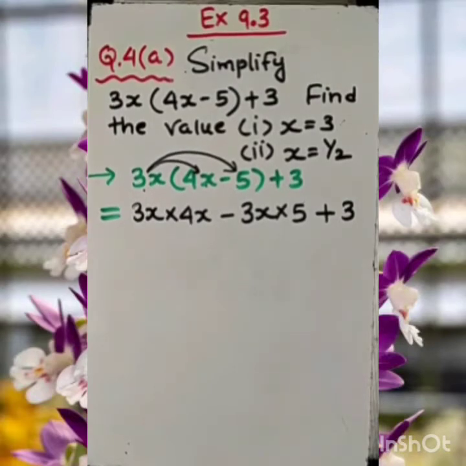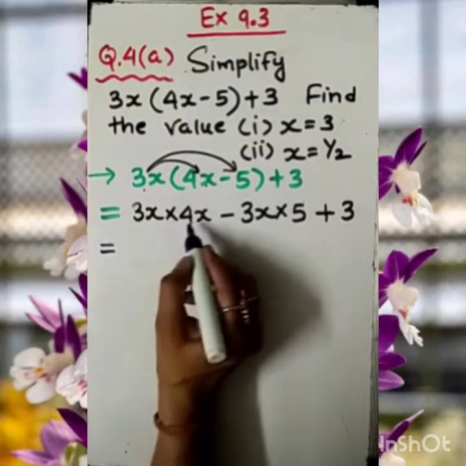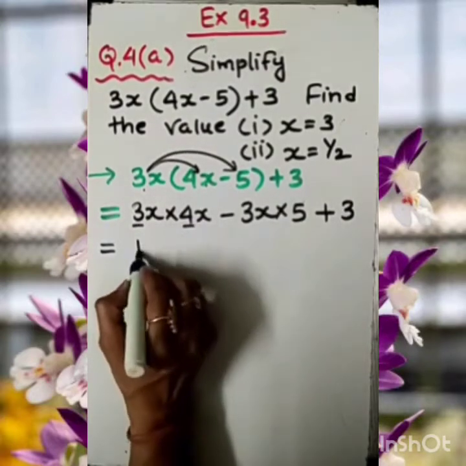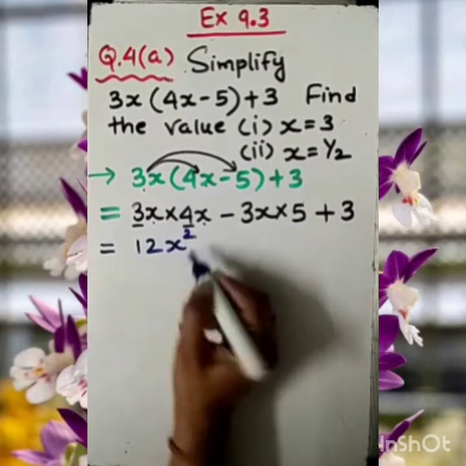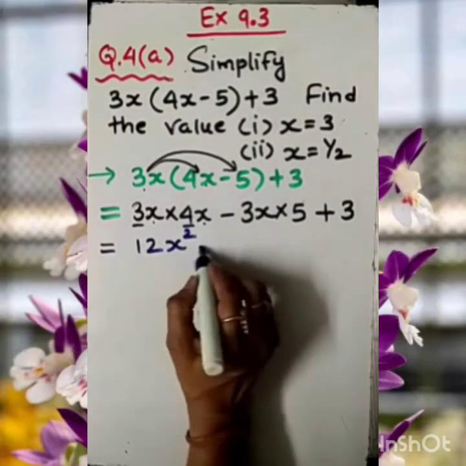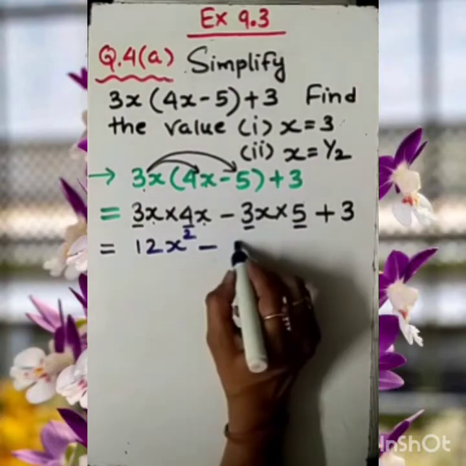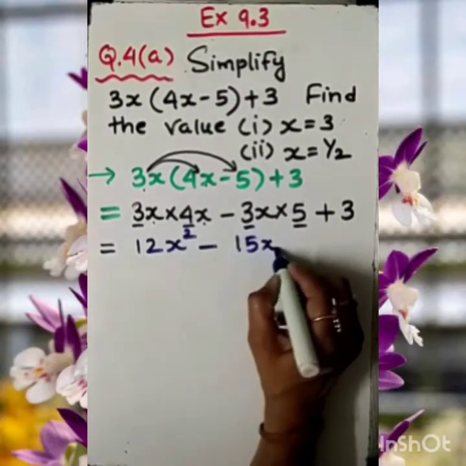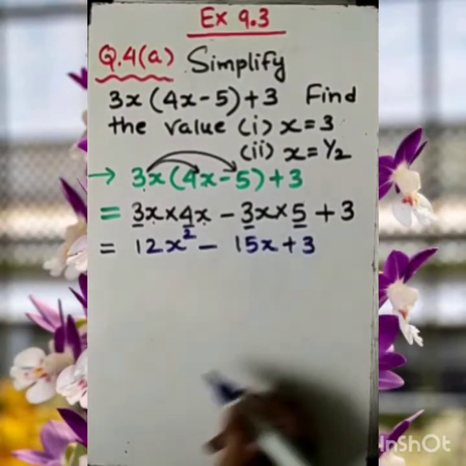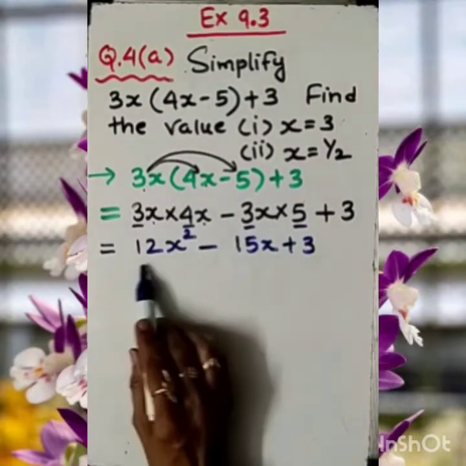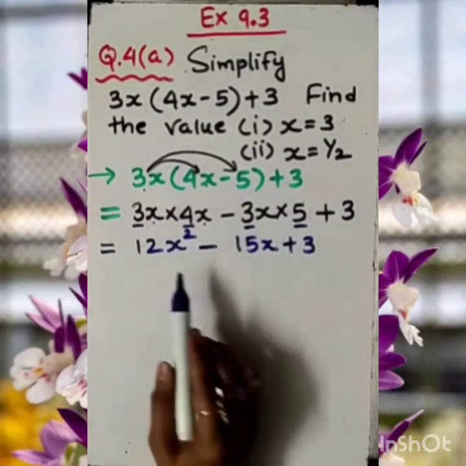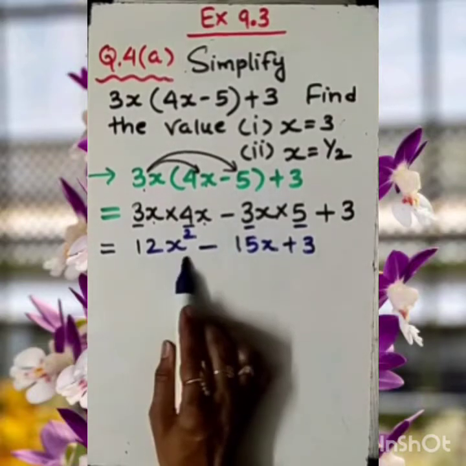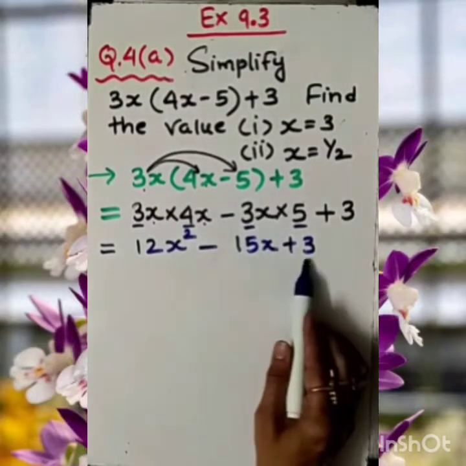What do we have here? 3 times 4 is 12, and x into x gives x square, minus 3 times 5 is 15x, and plus 3. So finally, this algebraic expression has three terms. It is a trinomial: first term, second term, and third term.